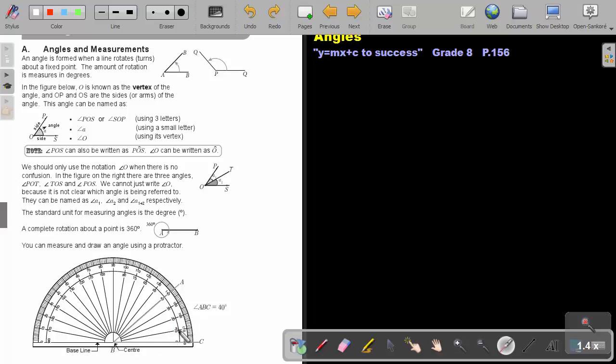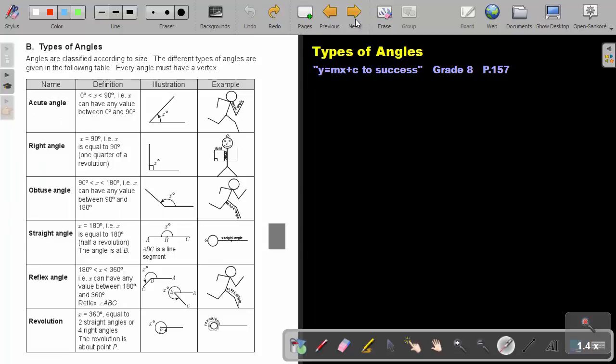When I measure an angle, I must look at the scale that starts with 0, which is this inner scale. Then I read from my inner scale, which is indicating 40 degrees.